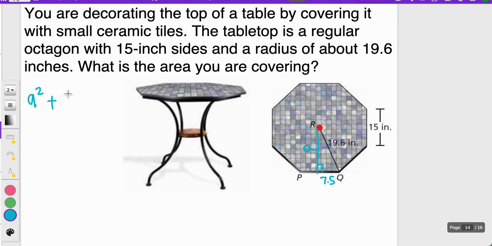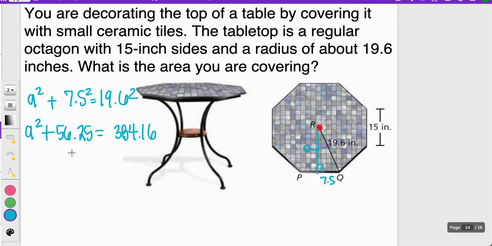A squared plus 7.5 squared is equal to 19.6 squared. So A squared plus 56.25 equals 384.16, or A squared is equal to 327.91. So A would be equal to 18.10 roughly.